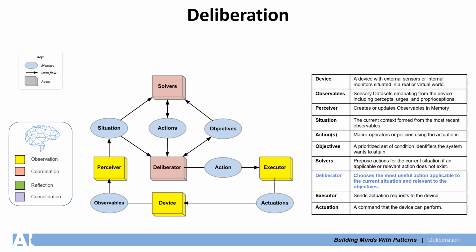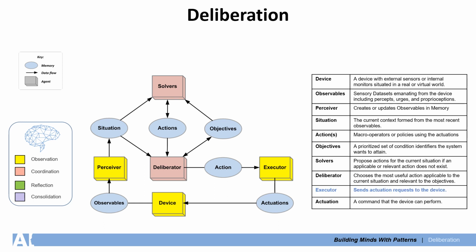Each action should also have effects or results which can be matched against the prioritized objectives of the system in order to determine the action's relevance or utility. The deliberator prefers actions which are useful or relevant to the current objectives over actions which are simply applicable or reliable. Note that both applicability and relevance, or otherwise called utility, are factors the deliberator considers in selecting the next action.